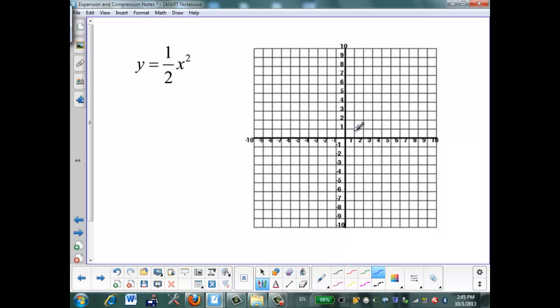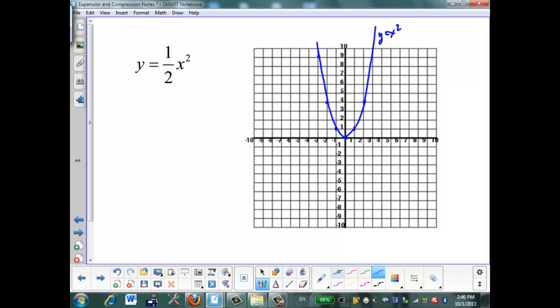So again, if I graph a regular y equals x squared equation, just so we can compare, here is my regular pattern of squares, over 1 up 1, over 2 up 4, over 3 up 9.